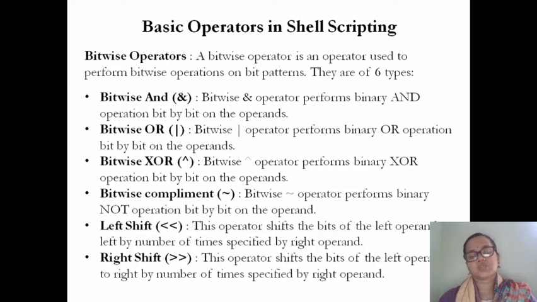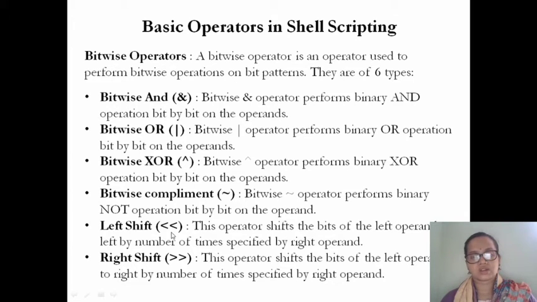Bitwise OR performs the OR operation bit by bit on the operands. Bitwise XOR is a binary XOR, also bit by bit on the operands. Bitwise complement works as a binary NOT operation bit by bit on the operand.